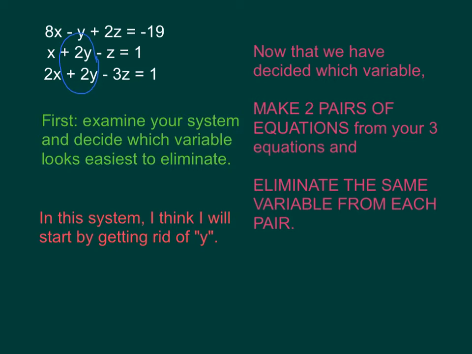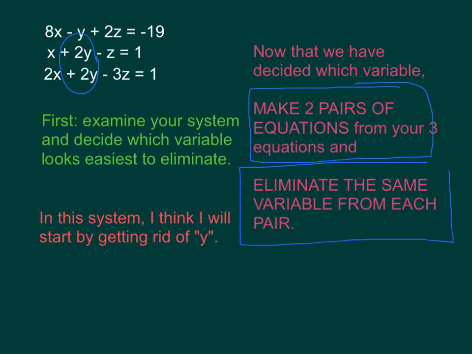So ultimately, these are the keys to breaking down a 3-variable system into manageable parts. The keys are making 2 pairs of equations from your 3 equations and eliminating the same variable from each pair. That is the new task that you are going to learn to do in this video.